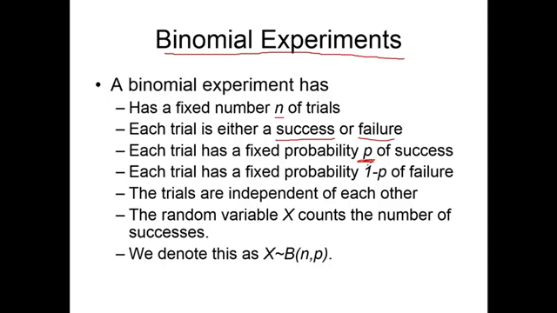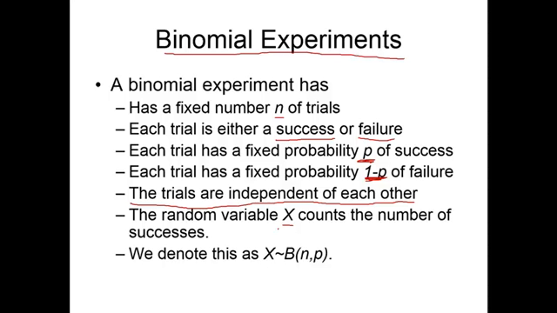So here is a difference. It has a fixed probability of failure. With hypergeometric, because it's sampling without replacement, these probabilities aren't fixed from one trial to the other. The trials in a binomial experiment are independent of each other. The trials in a hypergeometric are not.